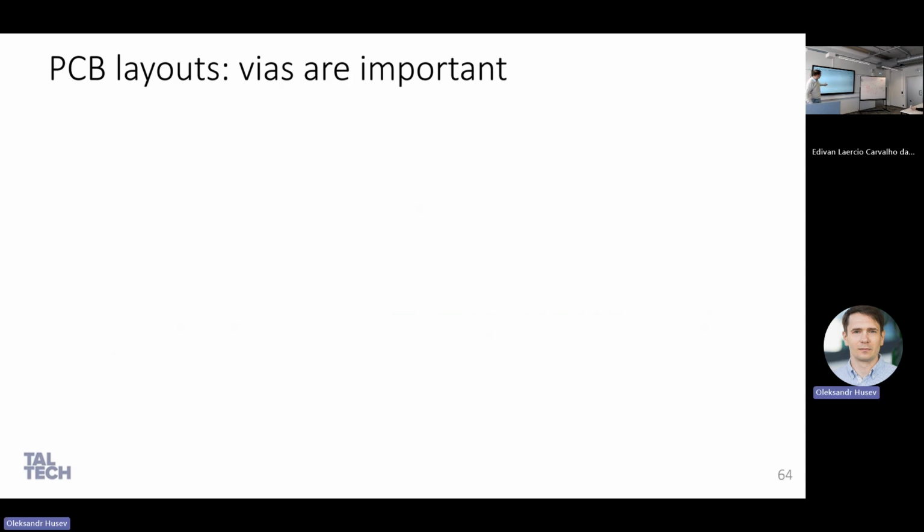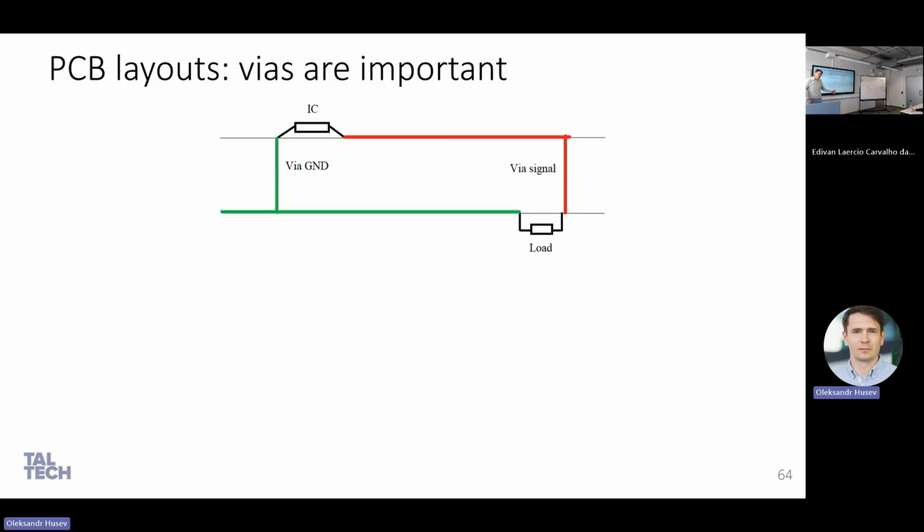Now, why is this also important? Because if you are talking about loops, we address returning direct current and so on, but please pay attention to these returning direct paths in terms of vias, right? Because if you put a via here and a via here, you still have a loop, despite that it's relatively small.